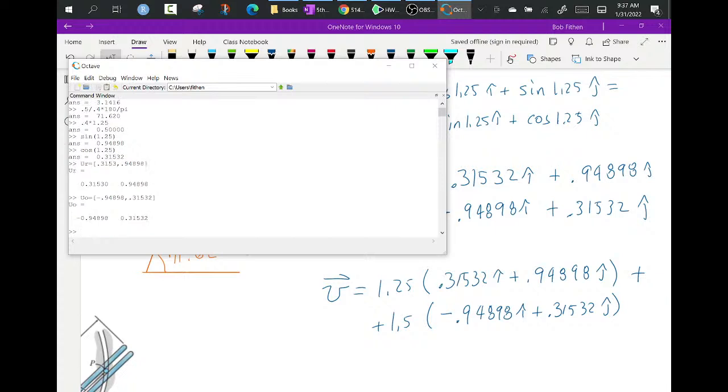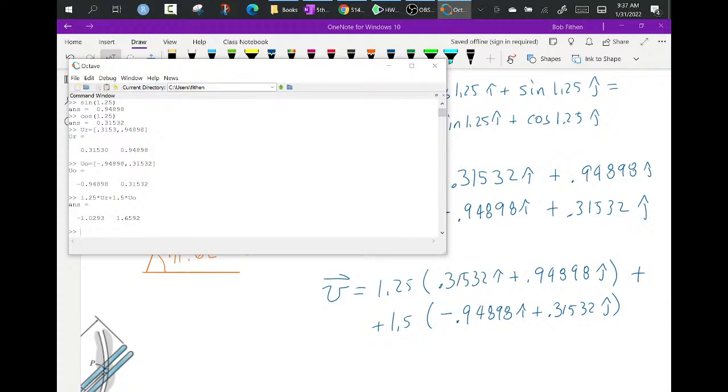It's probably close enough. And now what I want to do is just multiply 1.25 times UR plus 1.5 times U theta, and end up with that.